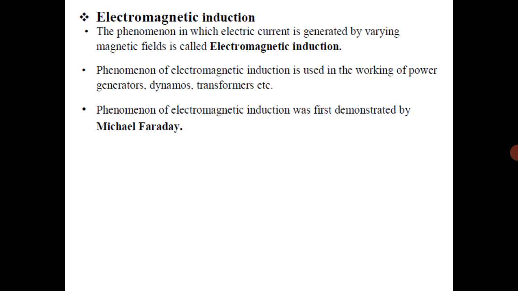Electromagnetic induction. The question may be asked many times, what is electromagnetic induction? Okay, the phenomenon in which electric current is generated by varying magnetic field is called electromagnetic induction.